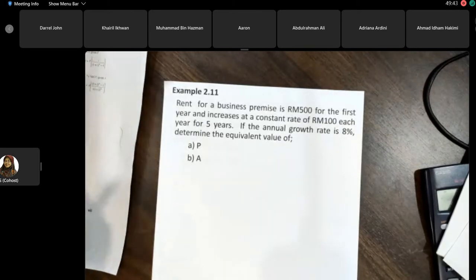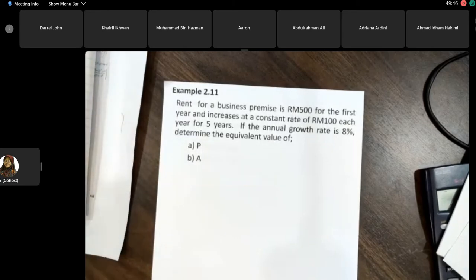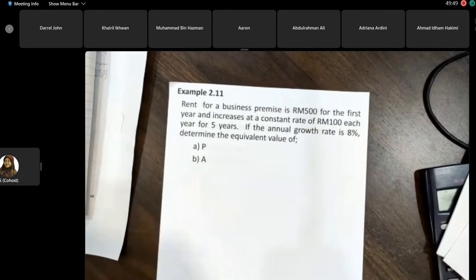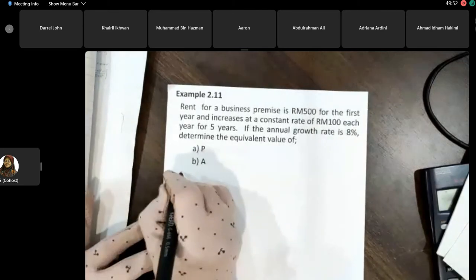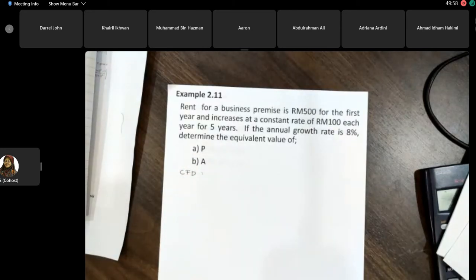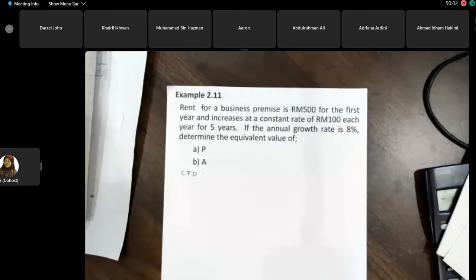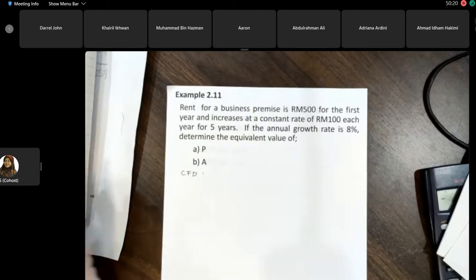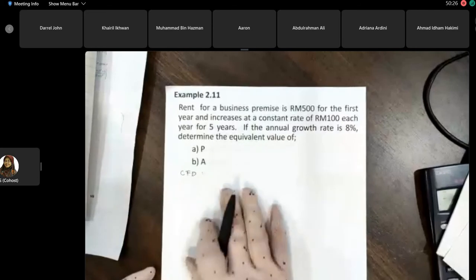First, draw the cash flow diagram. What is the cash flow diagram? Okay, how to draw this one?